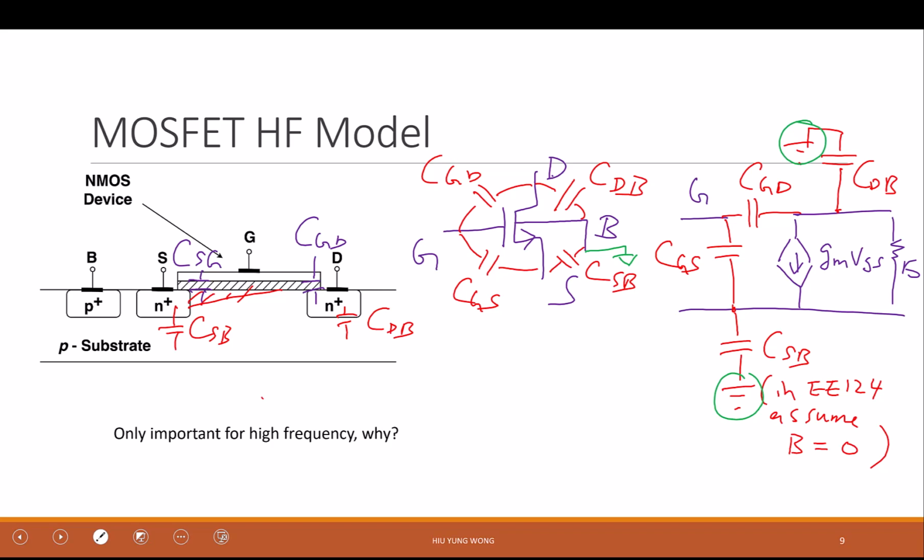And now my question for you is, why do we only study this at high frequency? Why did I not add this when I did the common source amplifier analysis earlier? Very good. Because they are small.